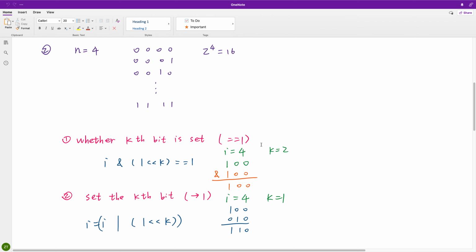Let's see an example. If i is 4, then we know its binary is 1 0 0, and we want to check its second bit. Actually, it is already 1, but what we do is just AND it with 1 left shift 2, so we get 1 0 0.